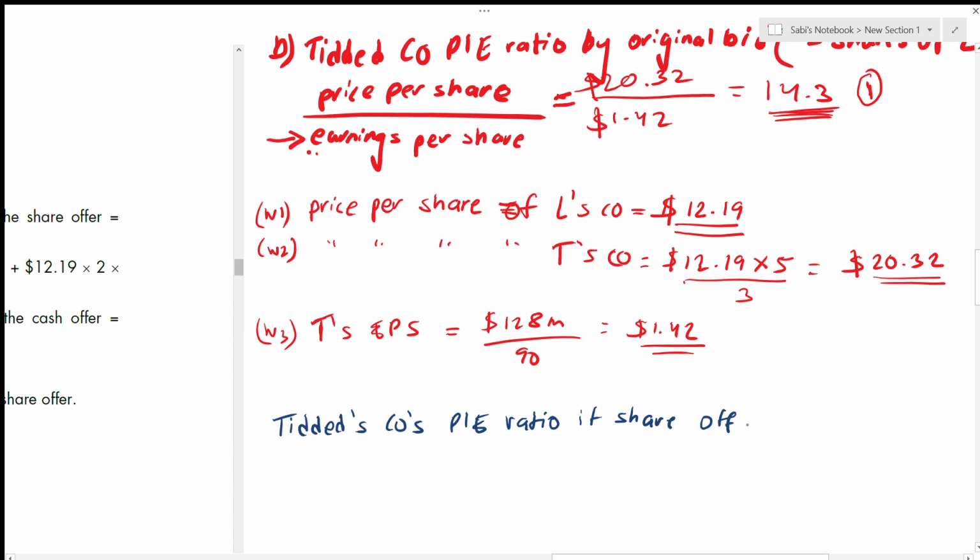If share offer, that means wholly share, they are taking up the share, that is 2:1, right? Then what will be the PE ratio? Now, since you know the price per share and you know the earnings per share of the TDET company, you can calculate the PE if they take up all the share. But here you need to do the calculation. A little bit of calculation is required.